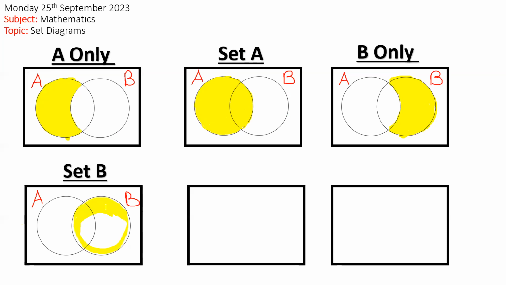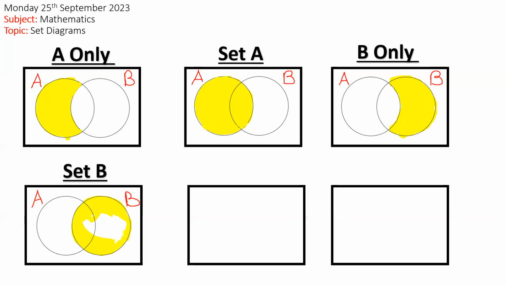Go ahead, Anastasia, but we can't hear you. Wait, one moment. Let me allow Anastasia to go first, and then you will go. Go ahead, Anastasia. It said B, you follow the whole B, including the middle section, and B only is just B by itself, not the middle section.